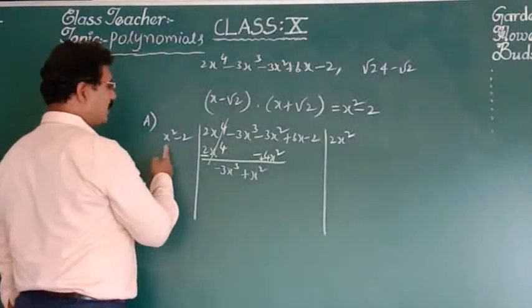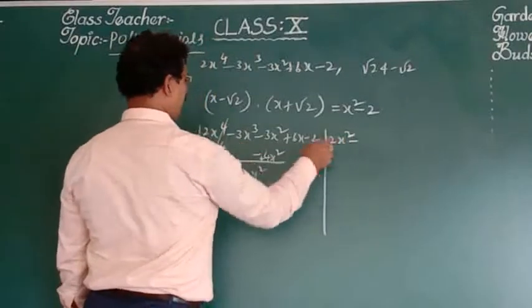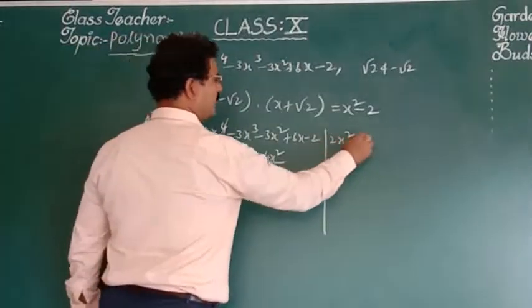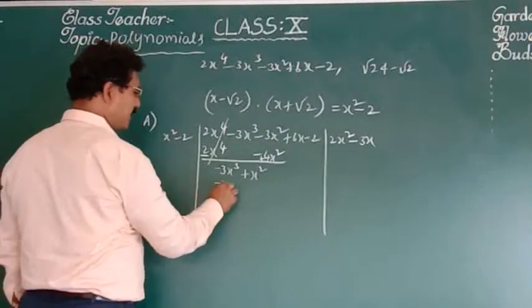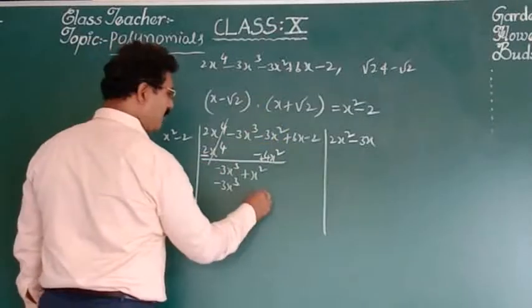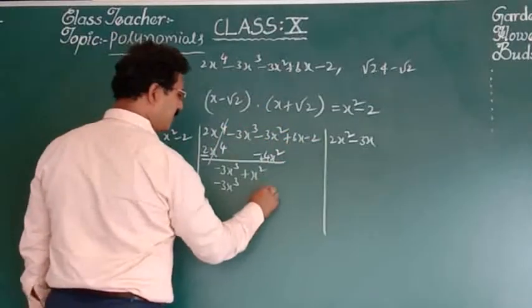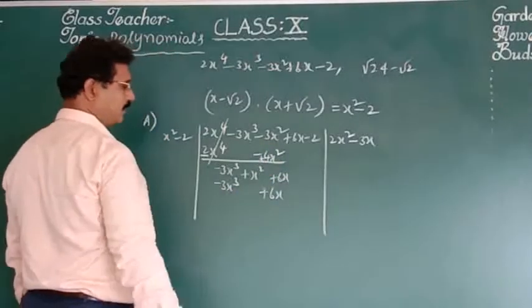Now again x square into minus 3x is minus 3x cube. Minus into minus is plus, 6x. Here also you keep plus 6x down.